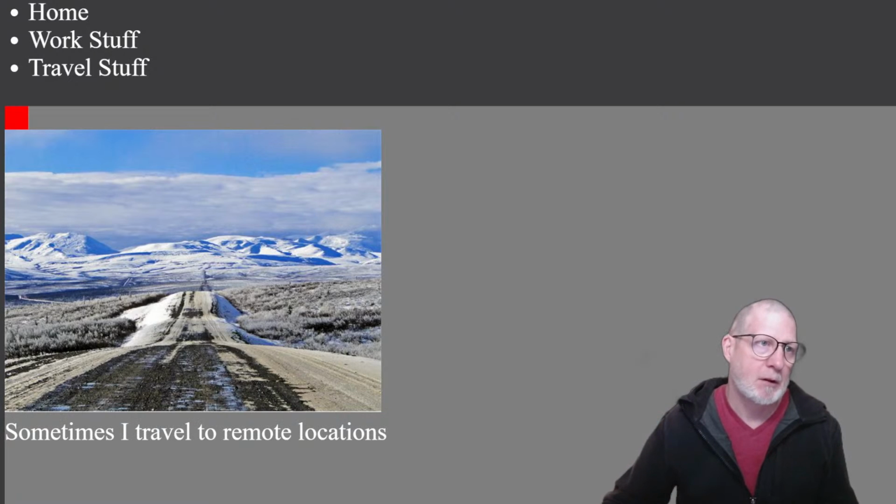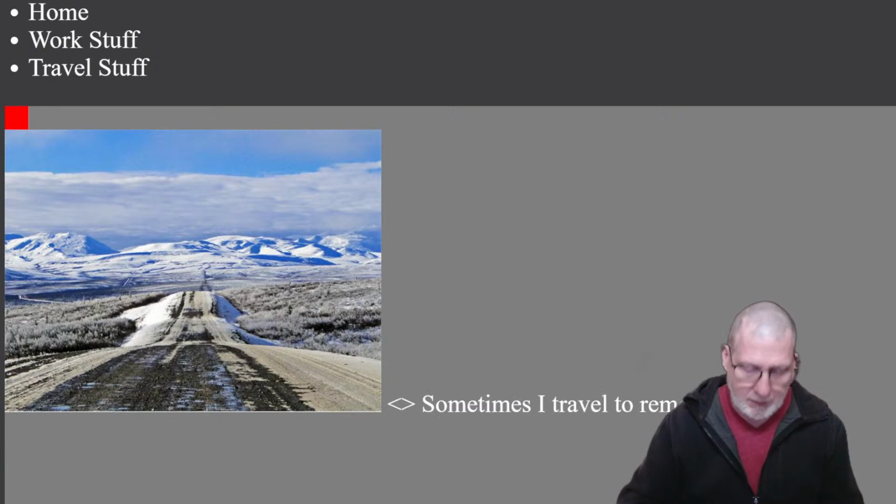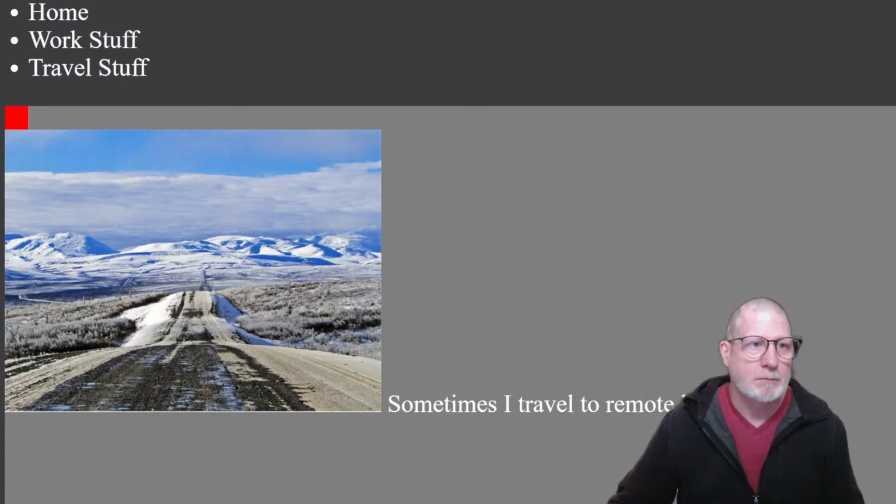Right. So I can try and do that a couple ways. One of the ways I can do it is I can make this a span, because that's an inline element. That's kind of the easiest way.